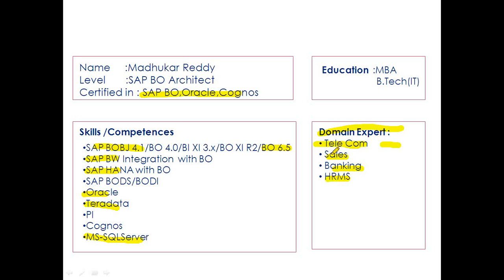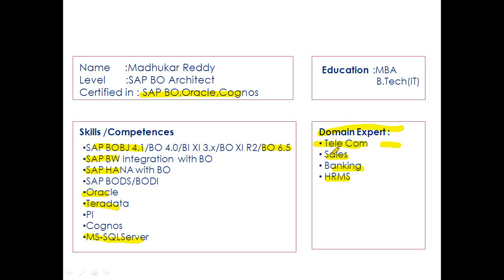As a BO developer, we don't require any expertise in domain knowledge. We are working in the front end tool. Once the data is ready, we understand the source system, what data is available in the different tables. Based on that understanding, we start designing the universes and developing the reports, right?